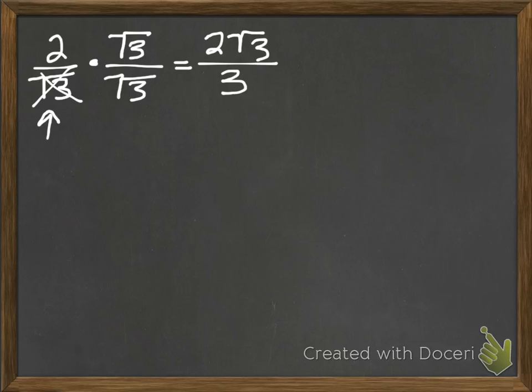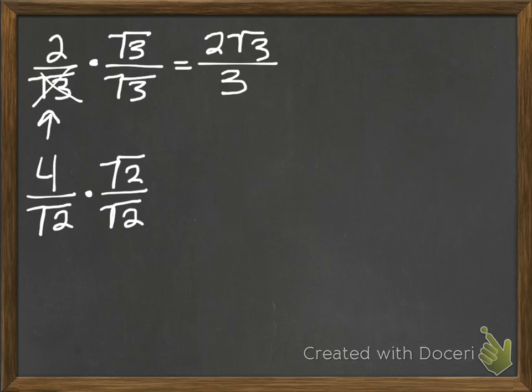Let's do 4 divided by the square root of 2. Okay? We don't want that square root of 2 on the bottom, so we need to get rid of it. This is called rationalizing the denominator. So we're going to multiply it by 1, right?